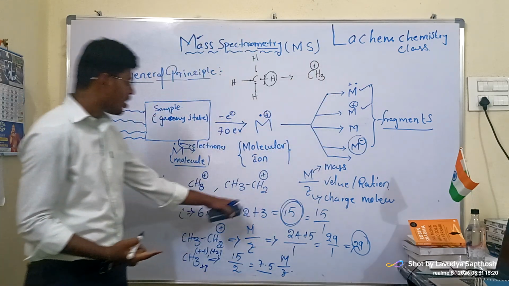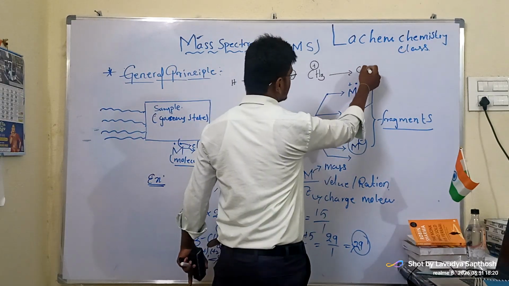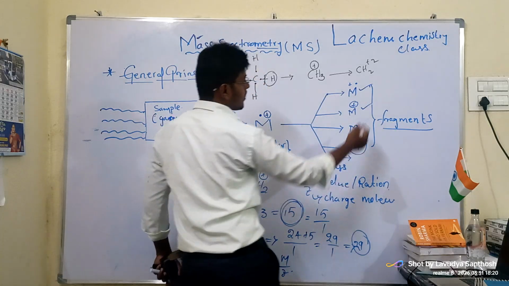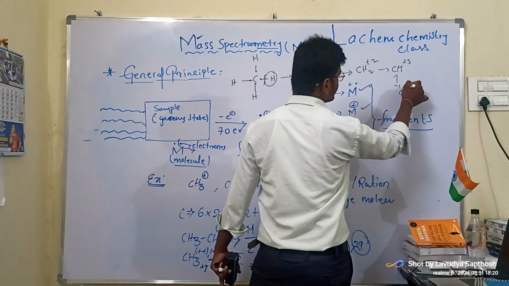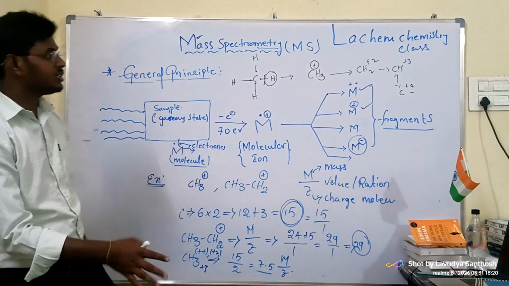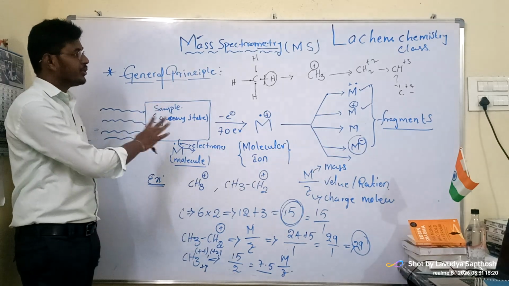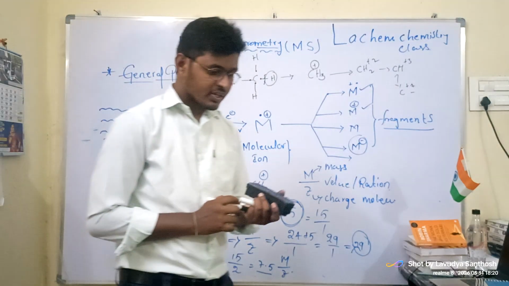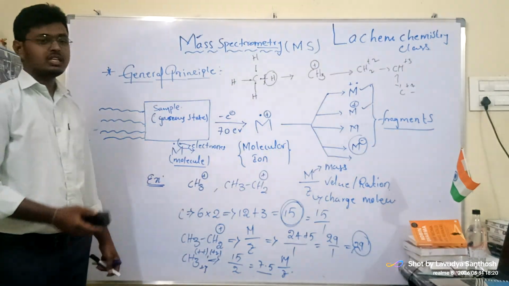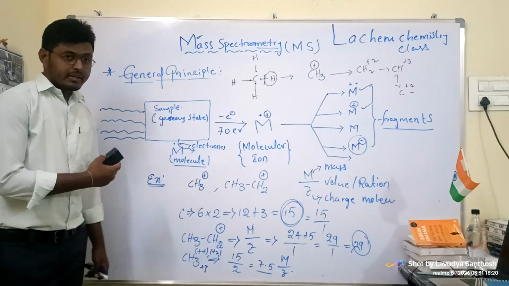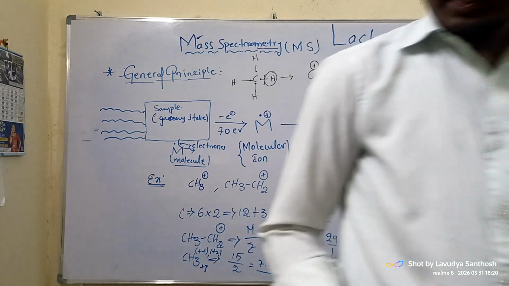This is nothing but loss. If there are 2 plus charges, then it lost more, CH2 plus 2, CH plus 3, C plus 4. It has given up all its electrons. So based upon charge we are doing this. It is very important. Hope you are understanding this. Write this down quickly.